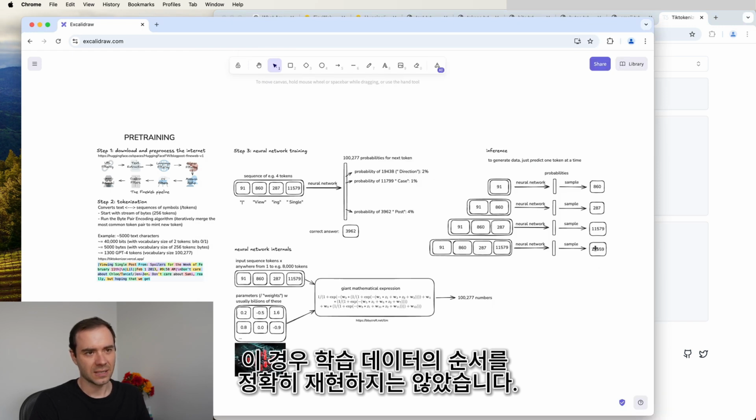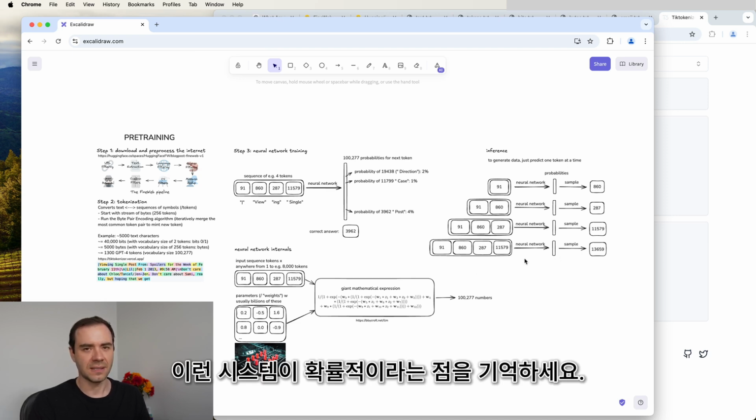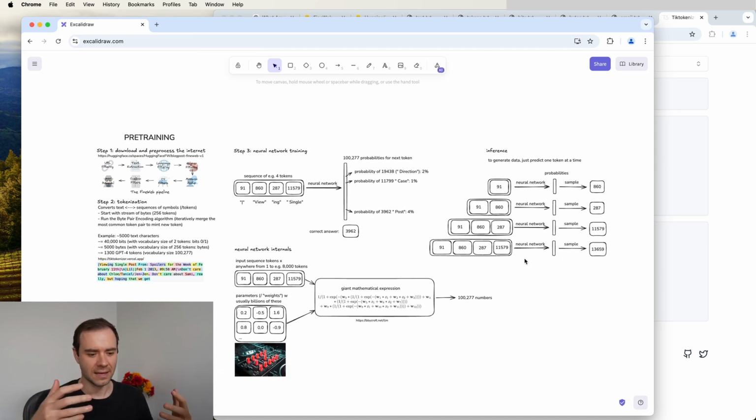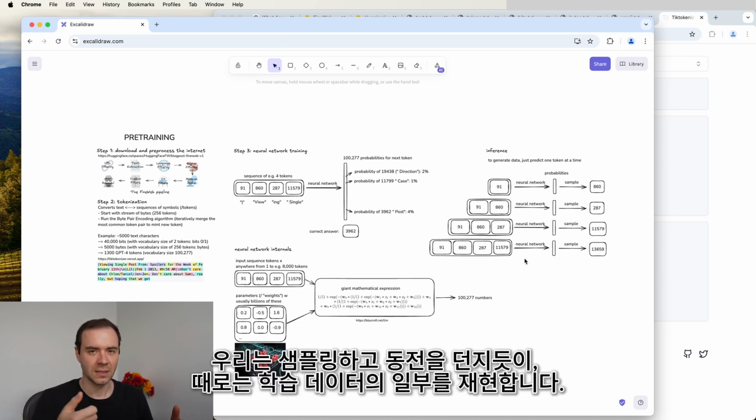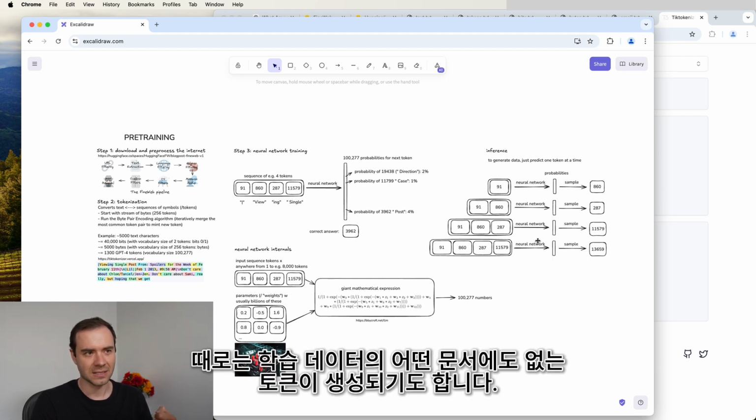And so in this case, we didn't exactly reproduce the sequence that we saw here in the training data. So keep in mind that these systems are stochastic. We're sampling and we're flipping coins, and sometimes we luck out and we reproduce some small chunk of the text in the training set, but sometimes we're getting a token that was not verbatim part of any of the documents in the training data.